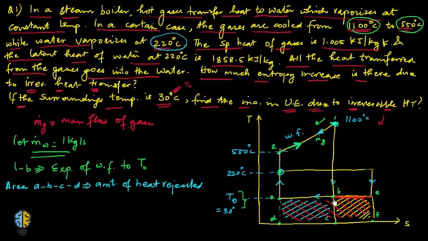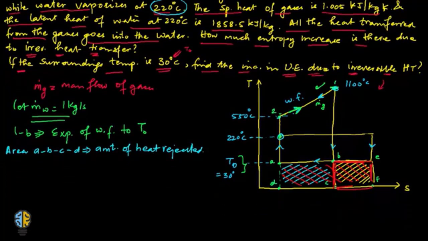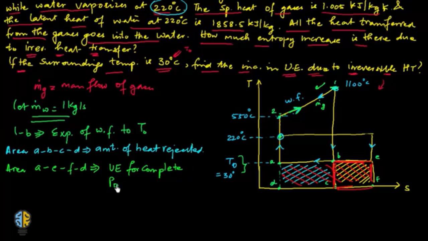So the area AEFD gives the unavailable energy for the complete power cycle.